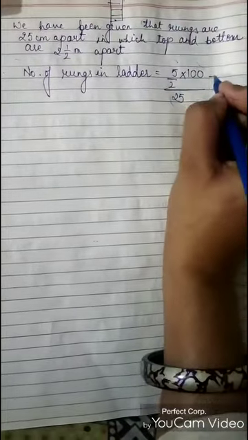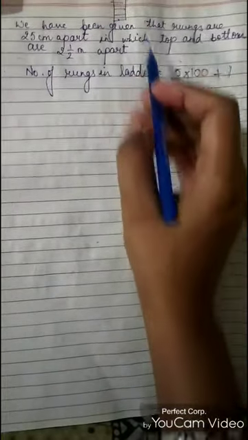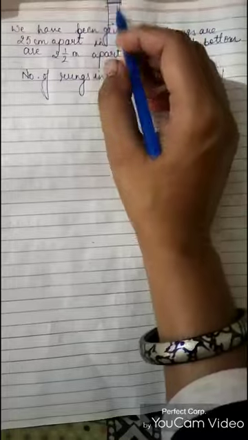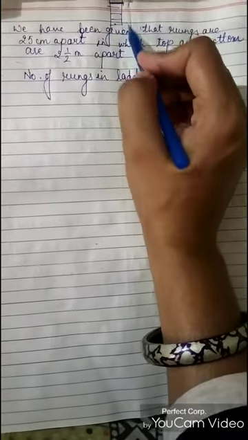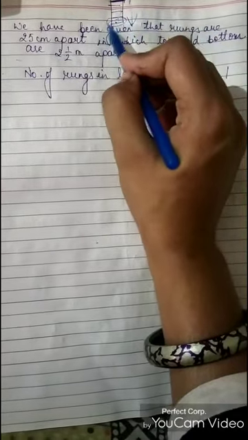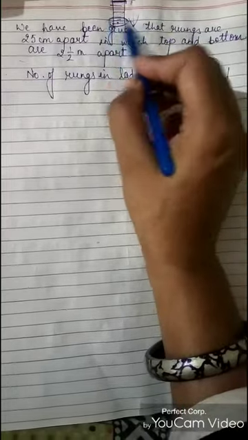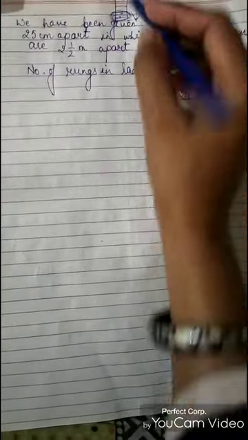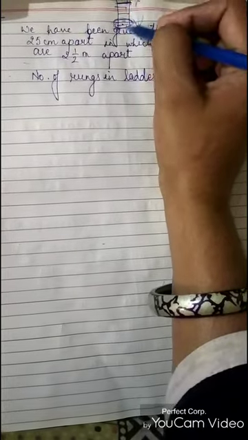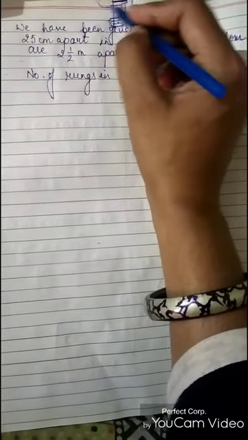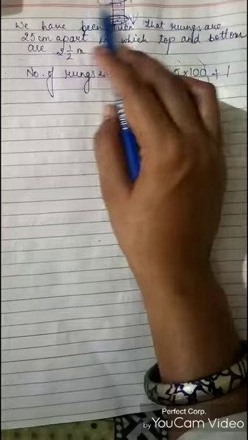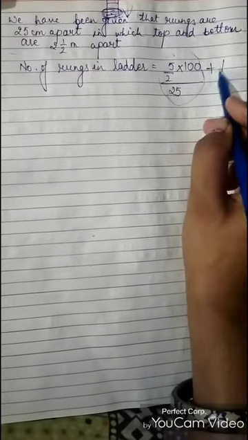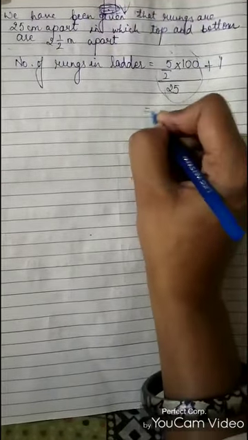For including last one we'll add 1. Got it? When we have to find the between numbers, we'll do total length divided by the length between one pair of rungs. Okay, now this will only give you the in between numbers excluding the origin rung. So we have to include that also, that is why we'll add 1 to it.